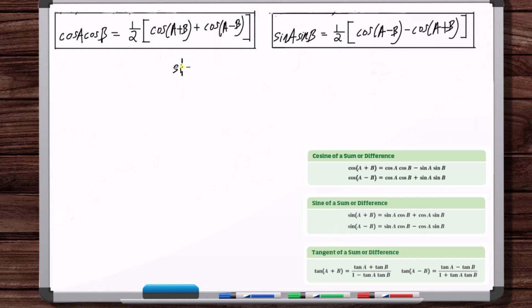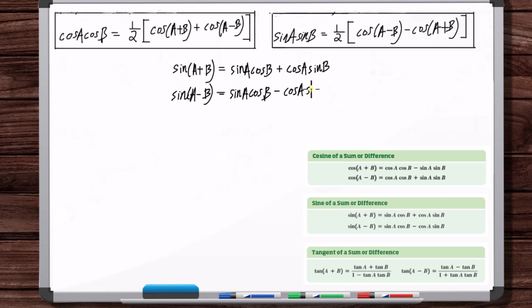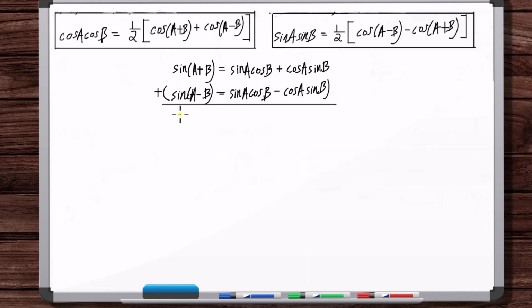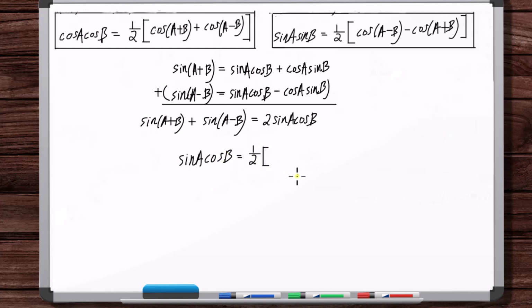Let's subtract sine of A minus B from sine of A plus B. Now if we add these two, we've got 2 sine of A cosine B. So that's sine of A cosine of B is equal to 1/2.